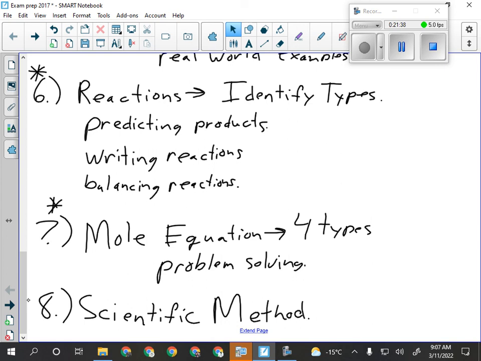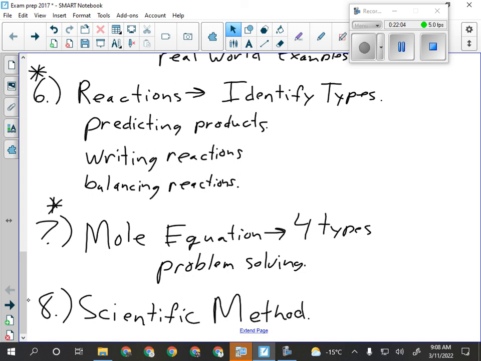And then the last question is kind of my separate the wheat from the chaff kind of question. It's only out of 4 marks, but it gives you a situation that you probably haven't encountered yet and asks you to apply what you have learned in this unit to that situation.